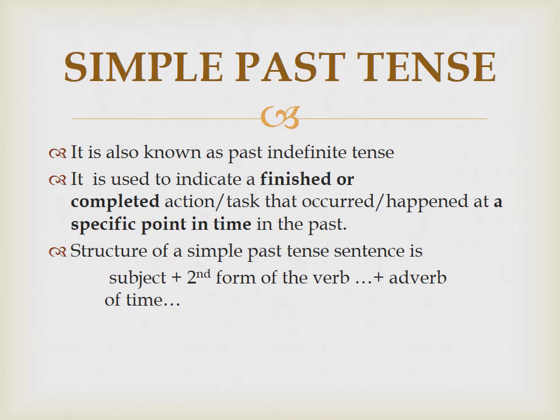The structure of a simple past tense is a subject, then the second form of the verb, and then the adverb of time. What do you mean by adverb of time? That's the time like yesterday, last week, the previous day, or last year, etc.